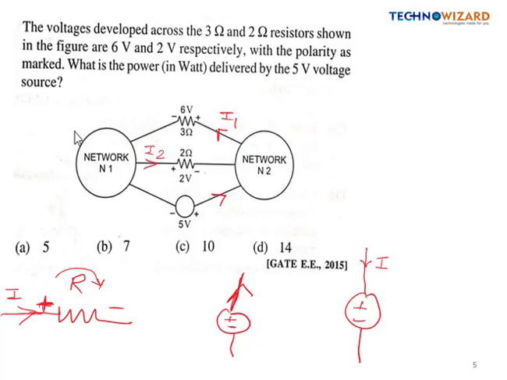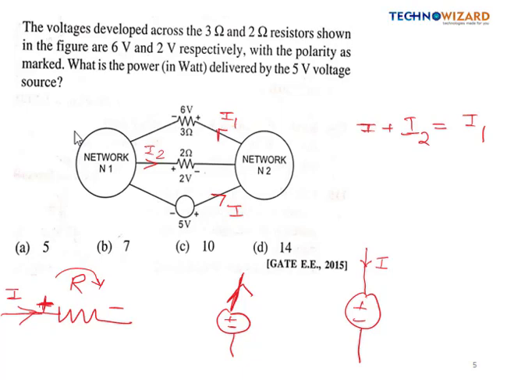We know that the sum of incoming current is equal to outgoing current. So suppose this is current I, so here the incoming current is what? Incoming current is I plus, this is also incoming current for the network 2, so current I plus I2 is equal to the outgoing current I1. Now we will simply find out the value of I1.